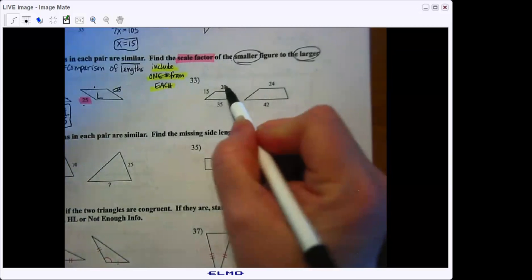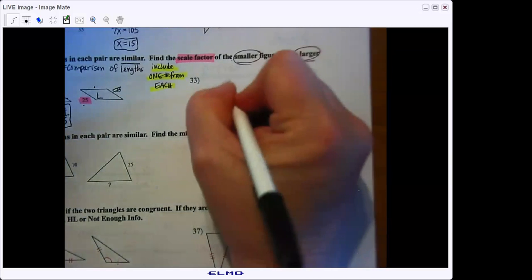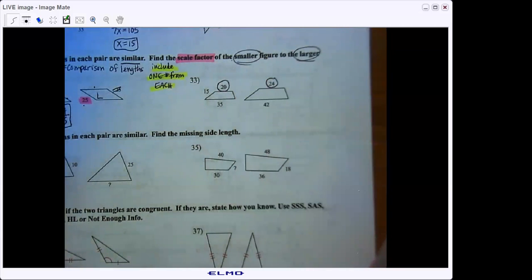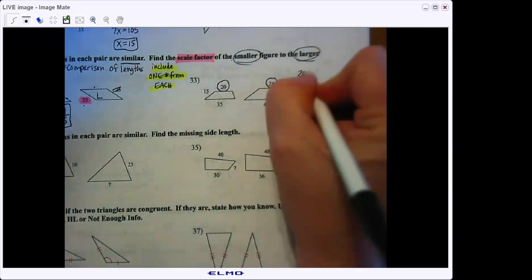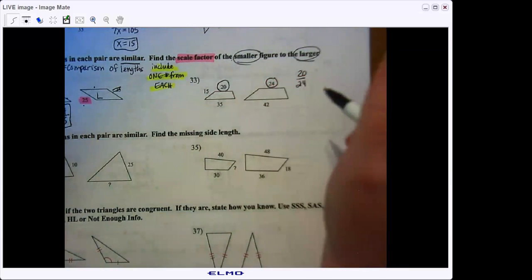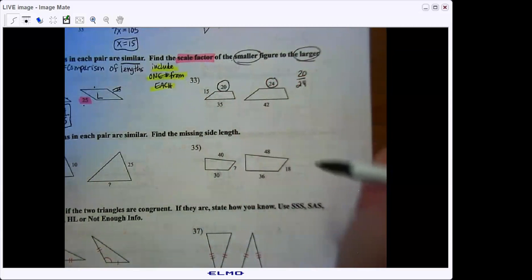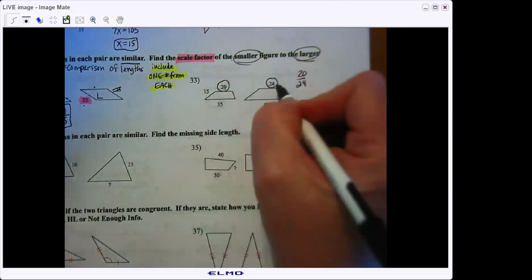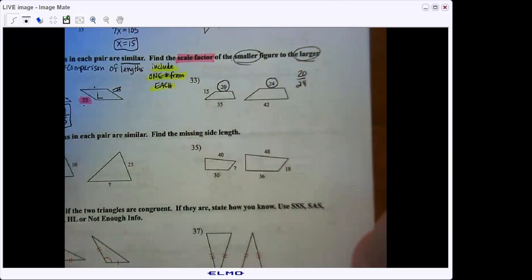I can use the top on this one and the top on this one. That would give me 20 over 24. All I'm doing is comparing two same sides. So the same side of my similar polygons, I have the top and I have the top. I'm going to write it as a fraction.